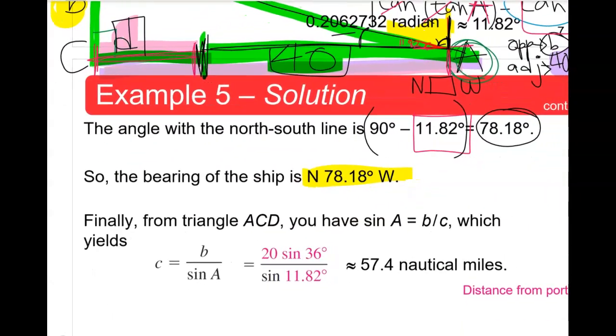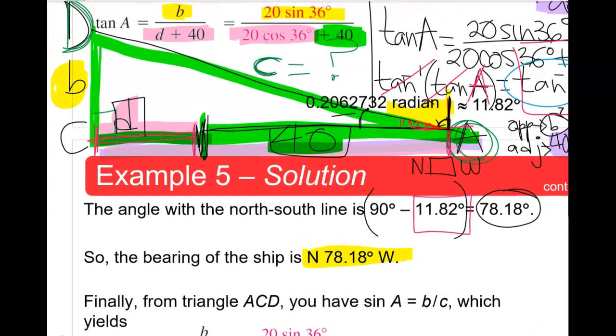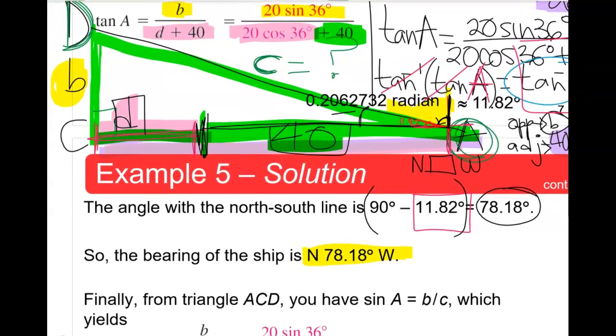Now we have one last thing to find, and that is the value of C right here, the distance from where the ship ended and from where it started.